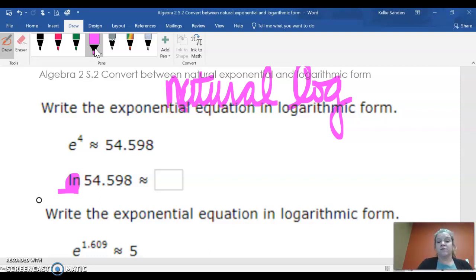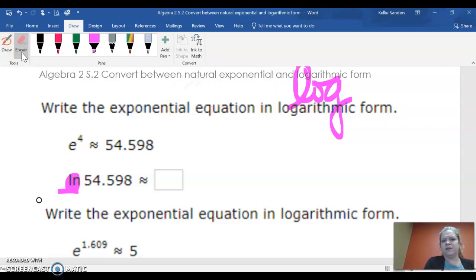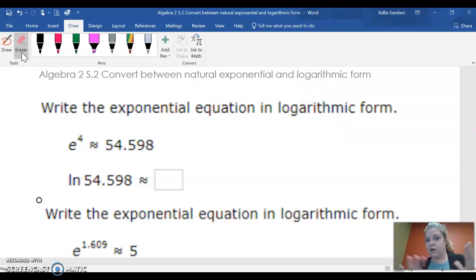And so whenever you see L, N, you pronounce natural log. All right, and after you do a couple of these, you're just going to accept it and go on with it.